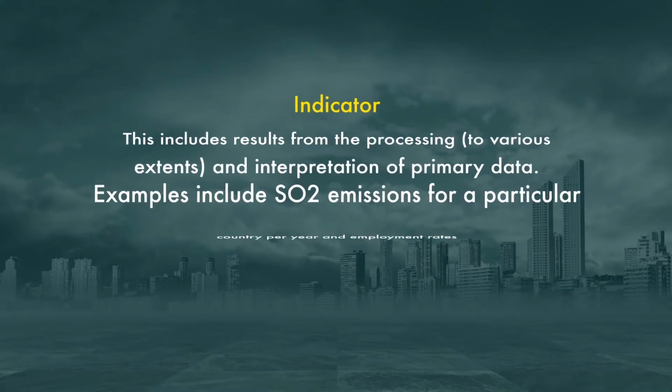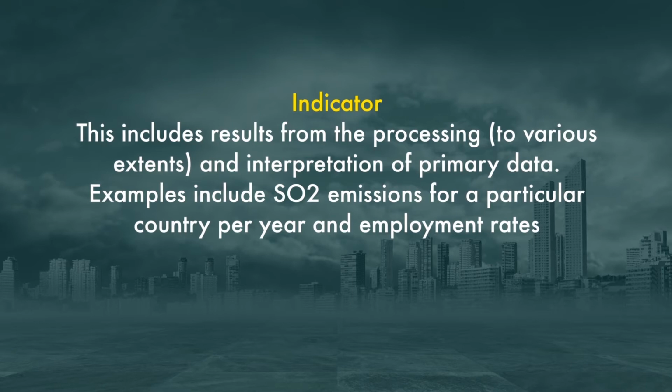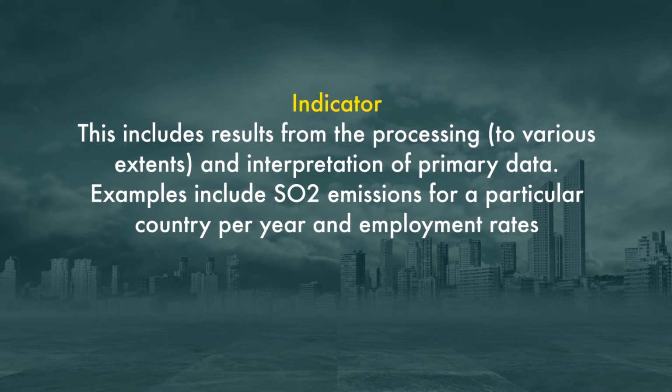The simple indicator includes results from the processing, to various extent, and interpretation of primary data. Example: sulfur dioxide emission for a particular country per year, or employment rates of a country or a district.